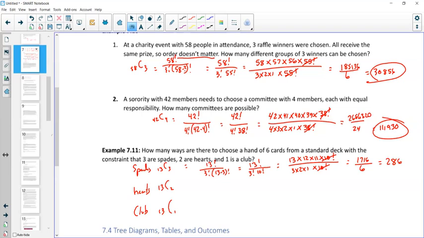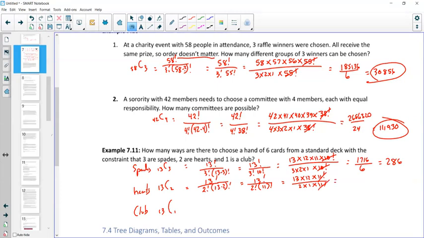Okay, now to do the hearts, same process. 13 factorial over 2 factorial, 13 minus 2 factorial, 13 factorial over 2 factorial, 11 factorial, 13 times 12 times 11 factorial over 2 times 1 times 11 factorial. 11 factorials cross out.